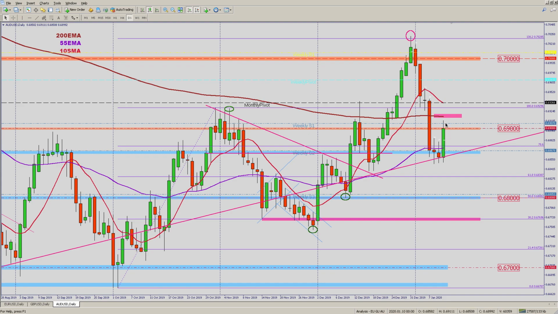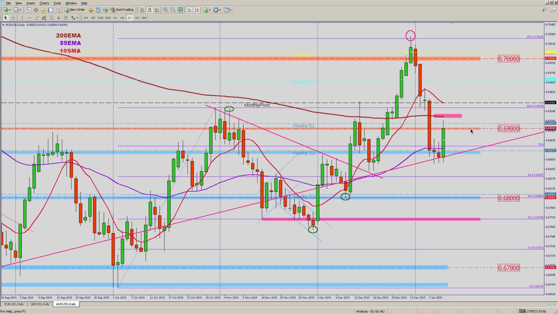So the Aussie dollar did manage to find some support, right at a level where the rising trend line was cutting across it. So that's the support zone here, and we probably don't need this trend line anymore.